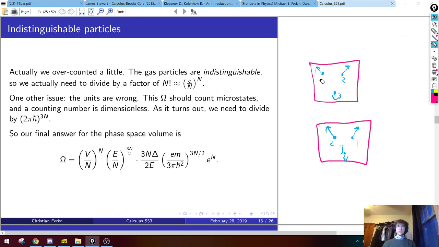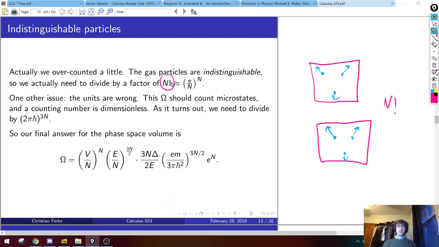They don't have labels attached to them that tell you which is which. So these things are the same. And the number of ways of rearranging n indistinguishable particles is, of course, n factorial.